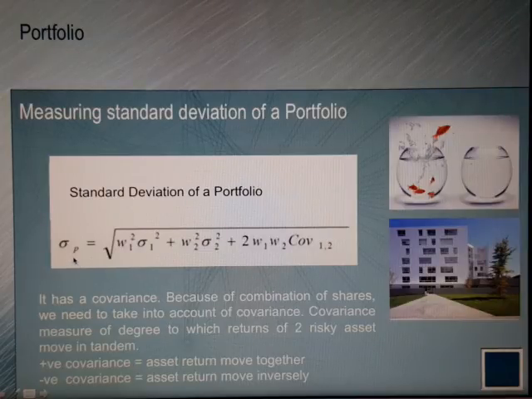Standard deviation is given by this formula. Standard deviation is the weight to the power 2, weight squared, times standard deviation of the first investment to the power 2, plus weight of the second investment squared times standard deviation of the second share to the power 2, plus 2 times weight 1, weight 2 times covariance.